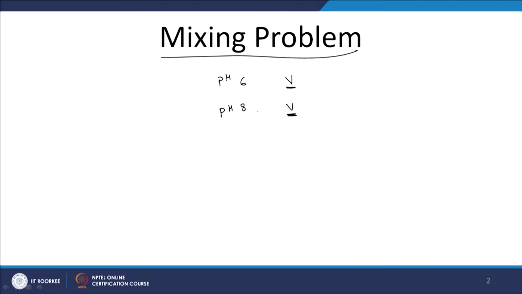So now we have two solutions, each of the same volume, one at pH 6 and one at pH 8. And obviously let's assume that you have other compounds present in these two solutions. If I am concerned with what the pH of the mixture is going to be, that would be required for further analysis.